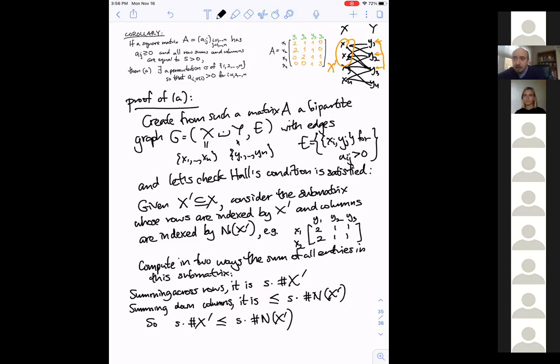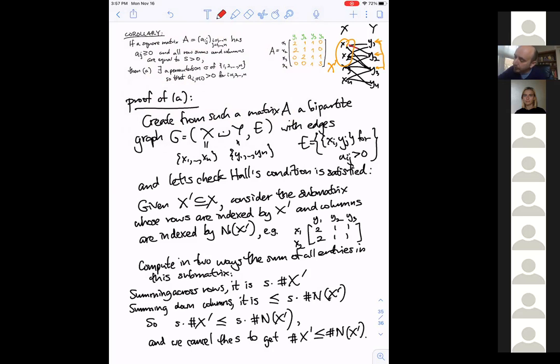And now we cancel the S to get Hall's inequality. And so because Hall's inequality is satisfied, we know there's going to be a matching.